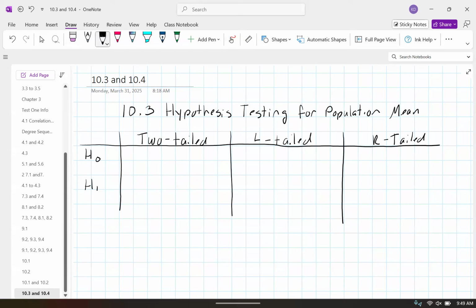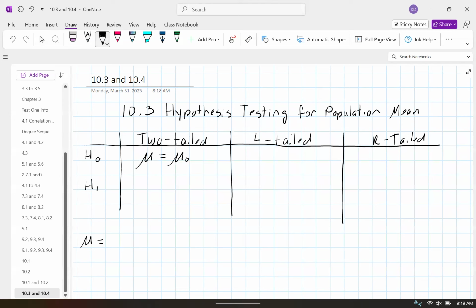So our first one is mu equals, as a note, this was our, and I swapped what I'm writing, make sure I have this right.